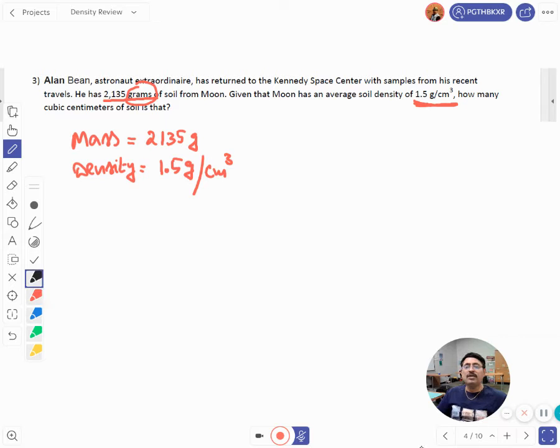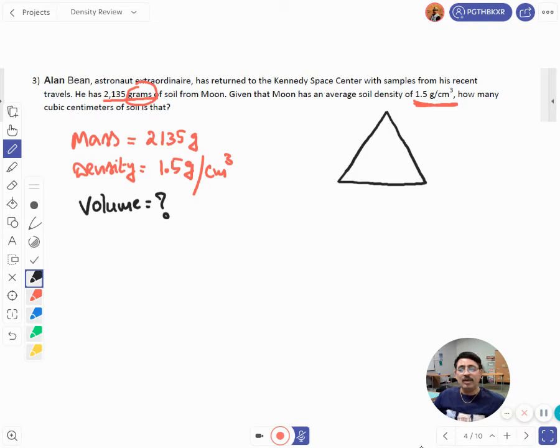So here the missing part is volume. So how many cubic centimeters? If you are asked to find the density, it is easy. Density equals mass per volume. But other than density, if you are asked to find either mass or volume, then I strongly recommend you go for a magic triangle. Okay.